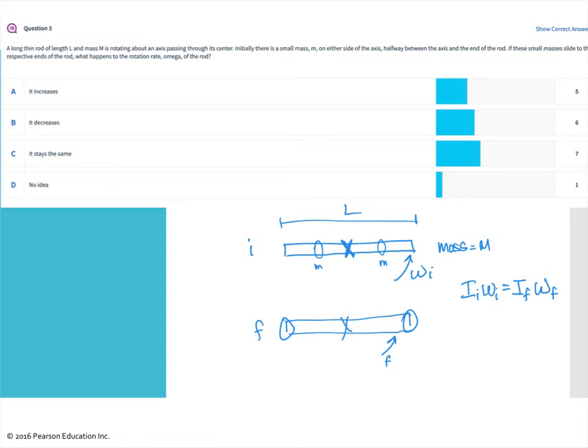As they move outward, the final moment of inertia is going to be bigger than what it was initially, because now I have these masses at this larger distance from the axis of rotation. So their contribution to the moment of inertia of the system is going to be bigger than it was initially. And so if that moment of inertia is bigger, that means that omega final is going to go down. So the answer will be that it's going to decrease.